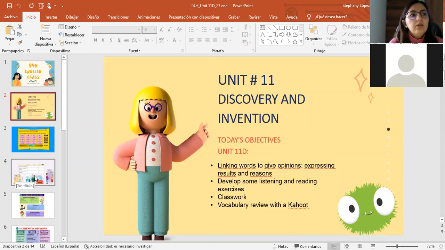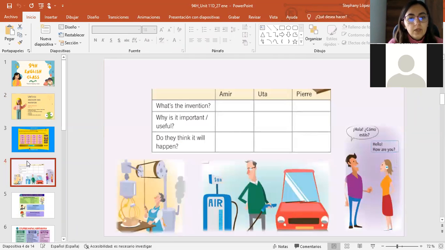You're going to see how to do it. And after playing the opposite adjectives game, we're going to listen, or we're going to end this unit that was about inventions and discoveries.